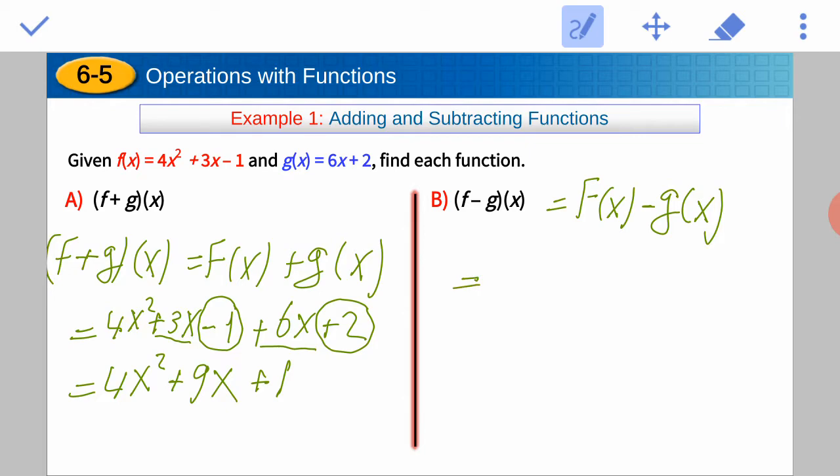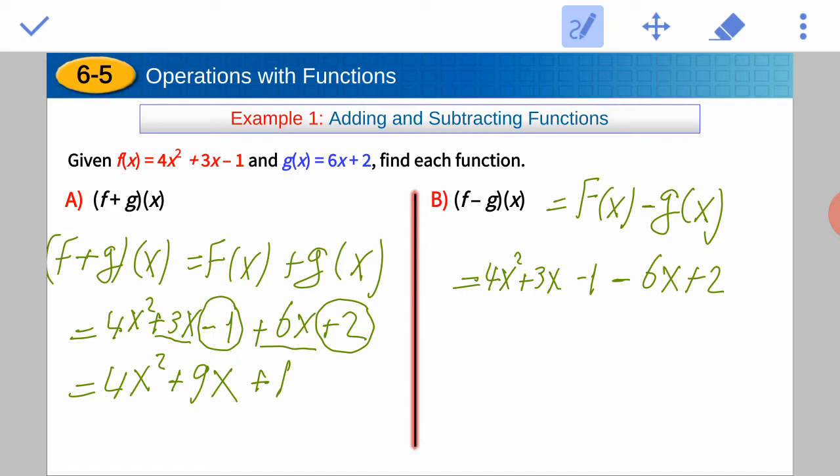I'm going to make a mistake on purpose, and your job is to figure out what my mistake is. f of x is defined by the rule 4x squared plus 3x minus 1, minus g of x. Be aware, I'm going to make a mistake right now. Minus g of x: minus 6x plus 2. What was my mistake?